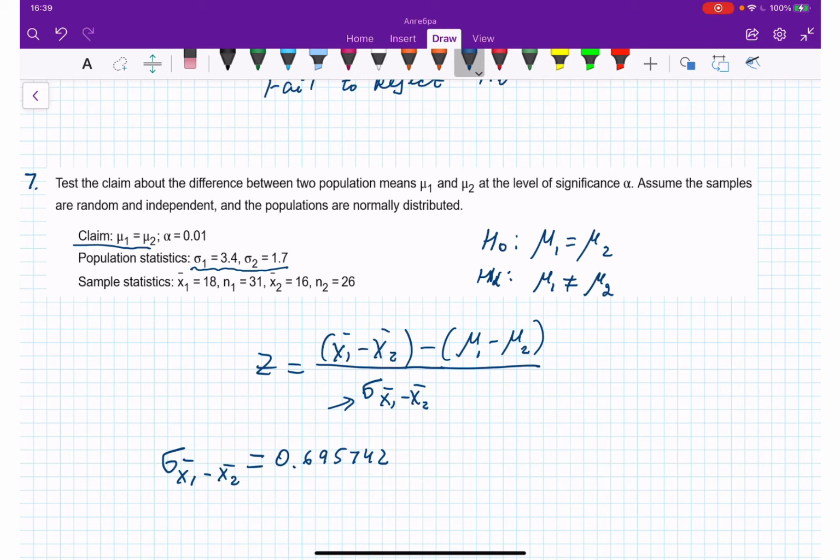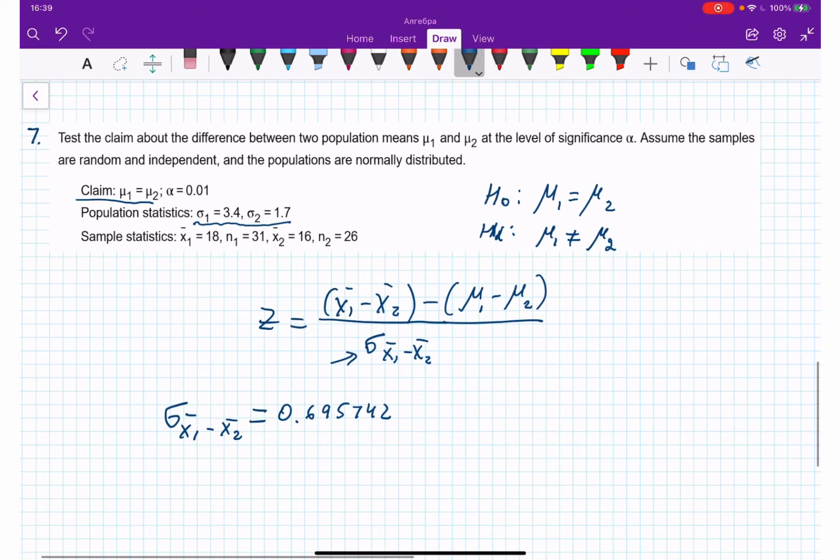The difference, x1 minus x2: x1 is 18 minus 16, minus 0, because when we are testing, we assume the null hypothesis is true, which means mu1 is equal mu2, and that means the difference is going to be 0.